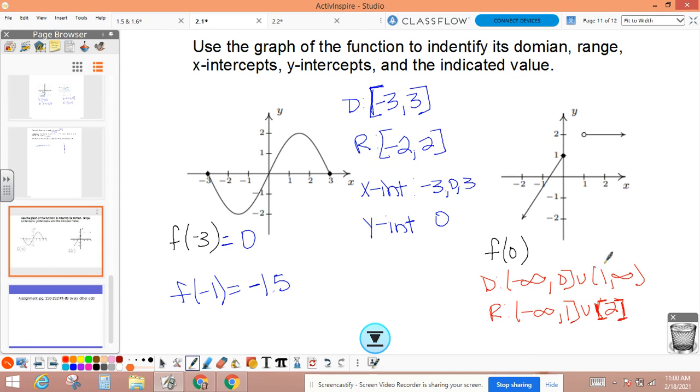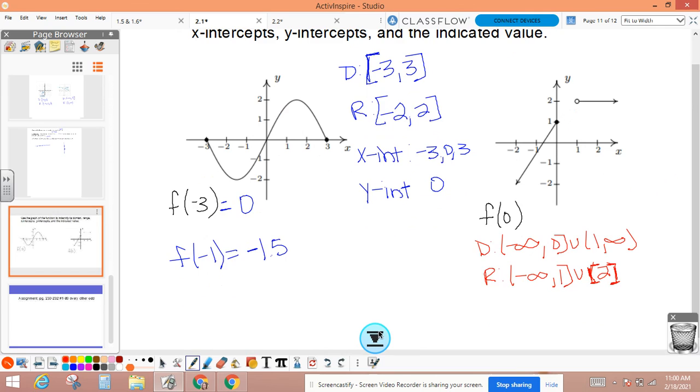All right, so let's see if I can scoot down just a little bit. The y-intercept here is 1. The x-intercept here is, I don't know, we want to call that like -0.75. And then f of 0 is 1.